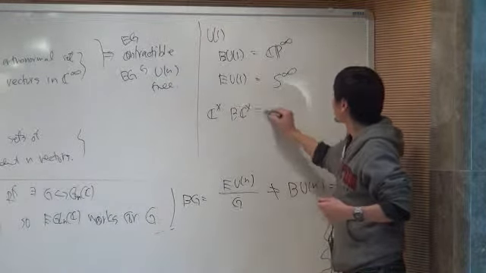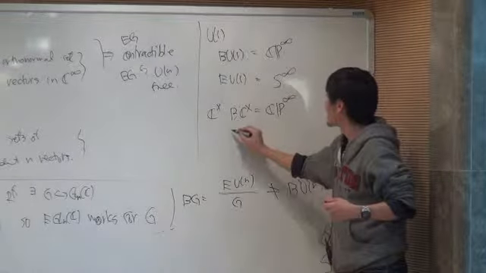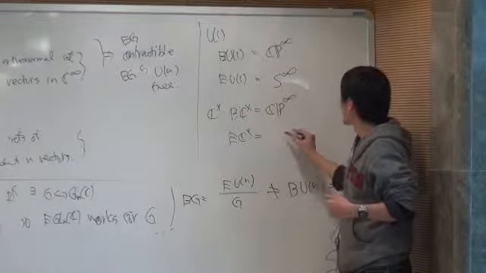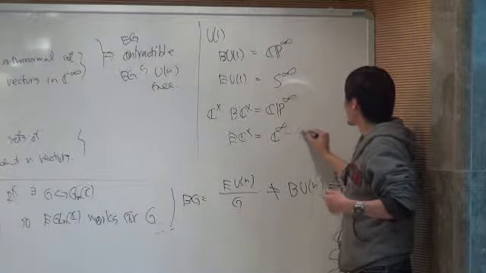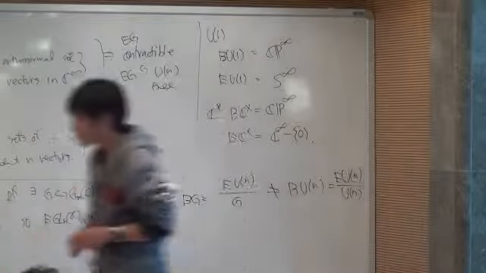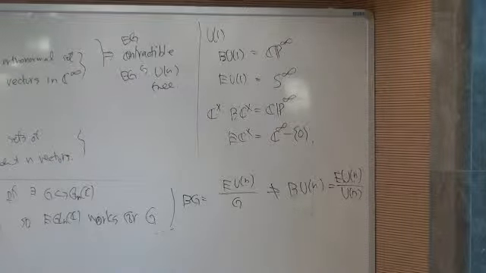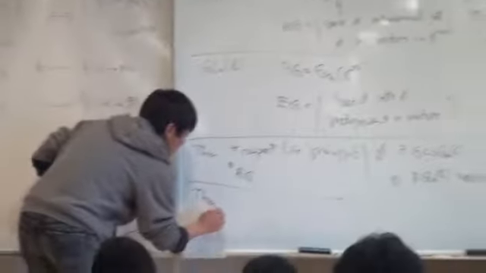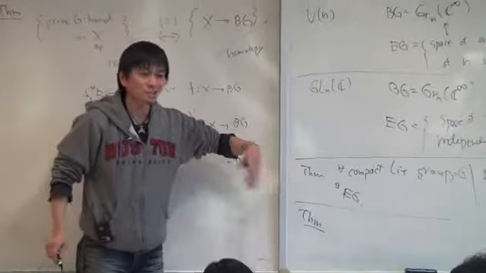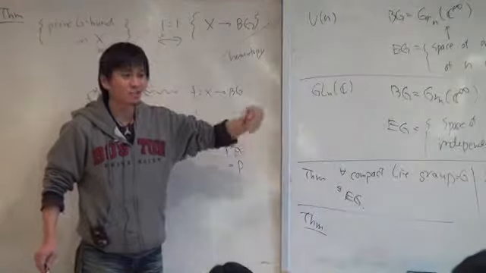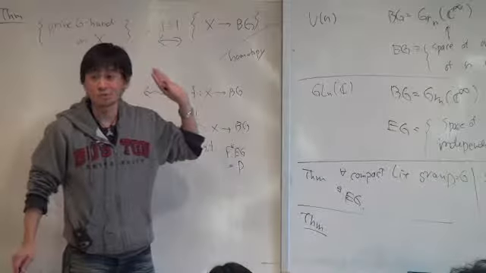All right, so the C star case: B of C star is CP infinity, and E of C star is C infinity minus 0. Just for your knowledge, what happens to any topological group? For a compact Lie group, we can just embed into GL or UN so that you can use the standard ones for the universal bundle.